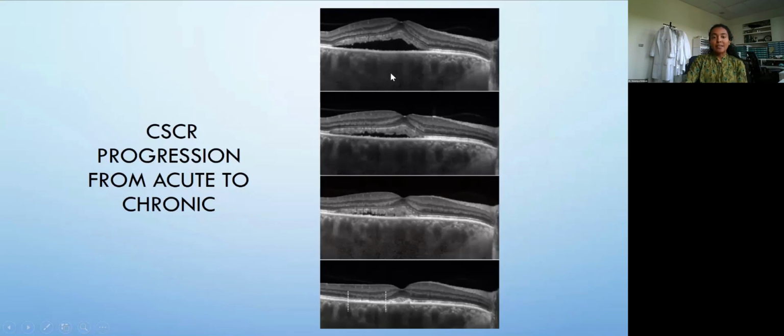And then as the CSCR resolves, it results in this sort of outer retinal layer disruption, which is exactly what happened to this patient. So even though I had not seen this patient when he had the acute CSCR, it's important to look at his history, right? So he was on corticosteroids for many years, and that tells me that he may have had CSCR from the corticosteroids many years ago. And when I saw him, he had the outer retinal layer disruption, which is chronic central serous chorioretinopathy.